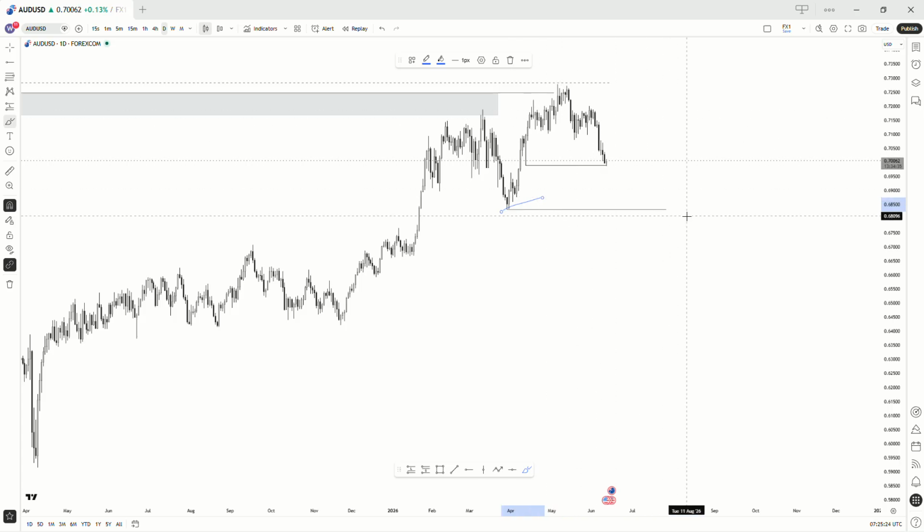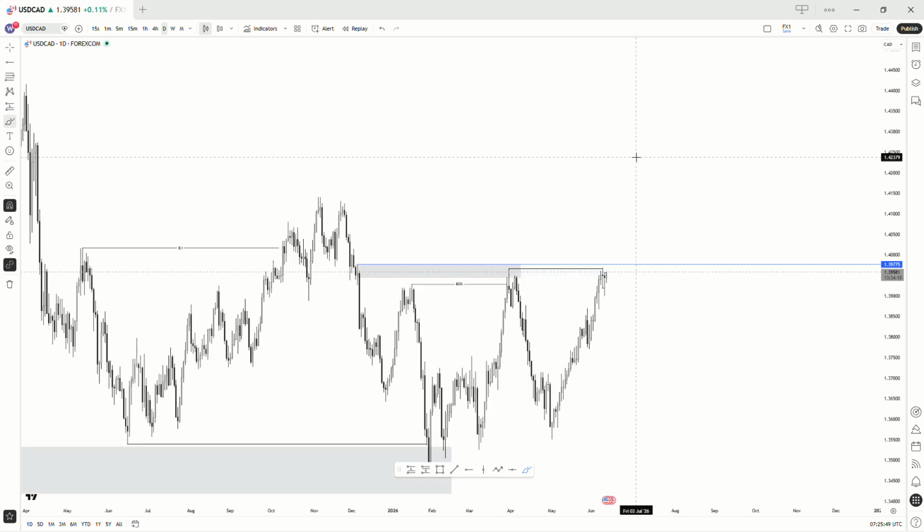Maybe we could see price sell to the downside, but for now on AUD USD, we just have a major low. I don't want to be getting myself involved in anything at the moment on AUD USD. It's at an area where I don't know what to do, so I'm staying off AUD for the moment.